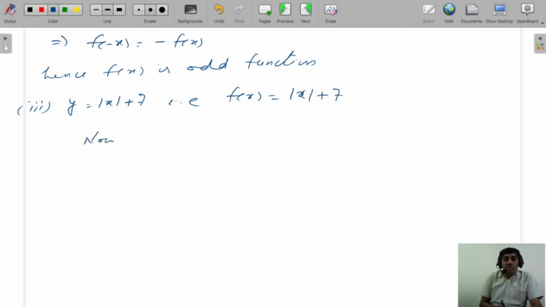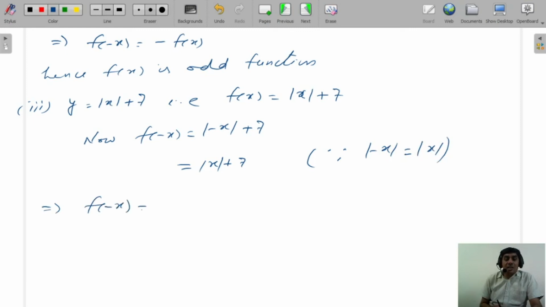Now, f(−x) is equal to |−x| + 7, which is equal to |x| + 7, because |−x| is equal to |x|. This implies f(−x) is equal to f(x). Therefore, f is an even function.